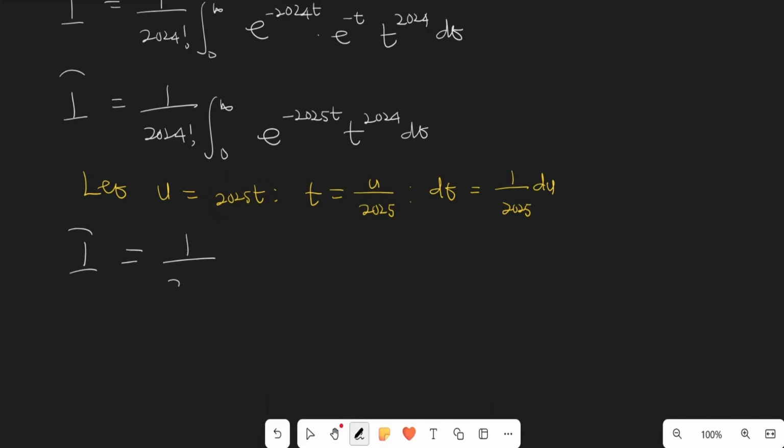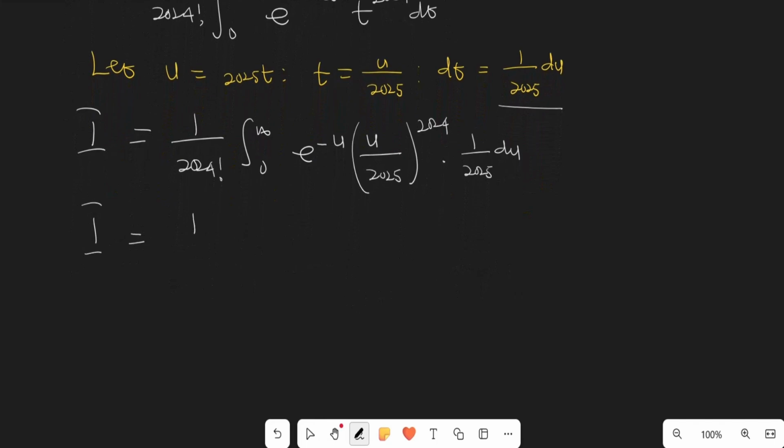I is 1 all over 2024 factorial, the integral from 0 to infinity of e raised to the power negative u, because this is now u, and then t raised to the power 2024. t is u over 2025, so that is u over 2025. This one is raised to the power 2024 times dt, and dt is 1 all over 2025 du.